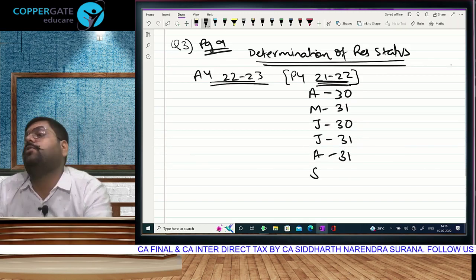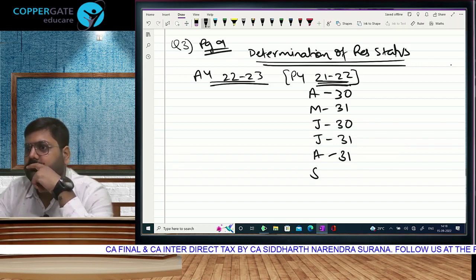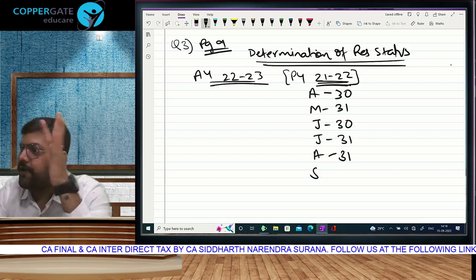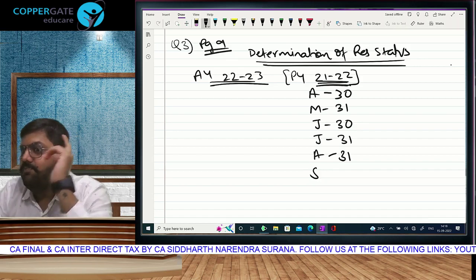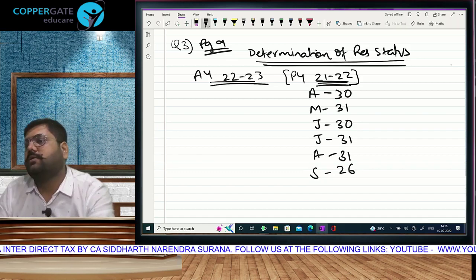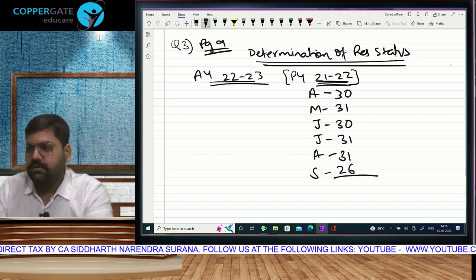September में he left on 26. How many days? अरे left 26. But if time is not maintained, तो outgoing day will also be counted as in India. Very good.